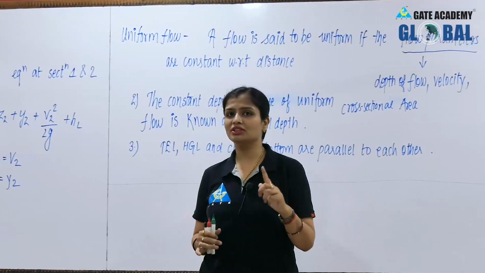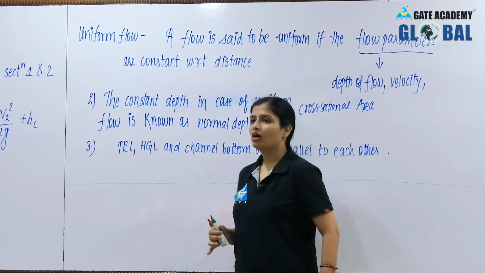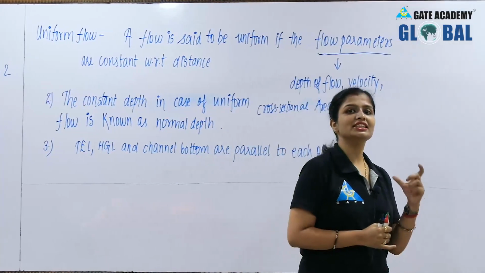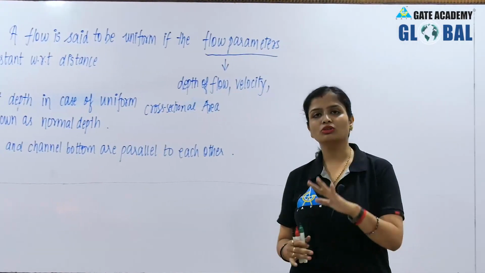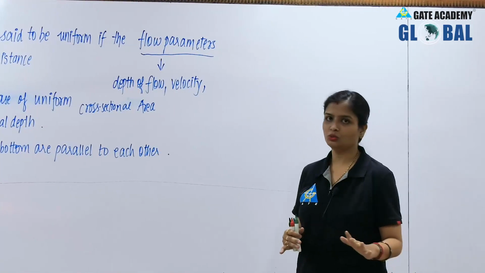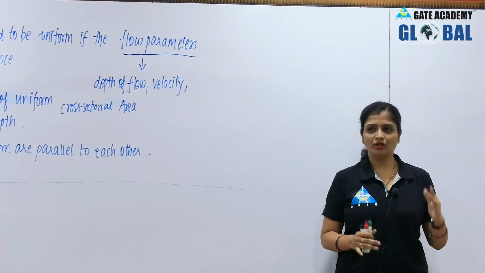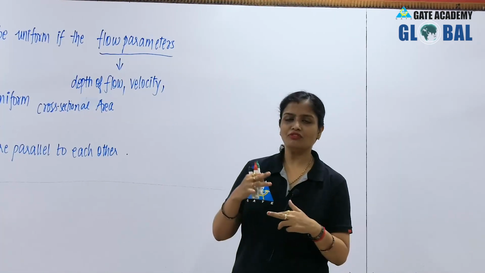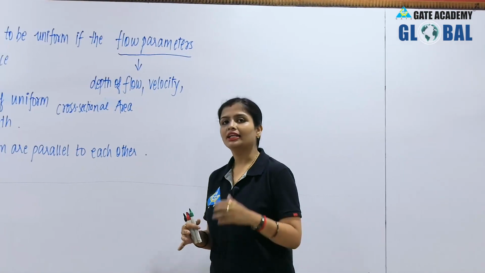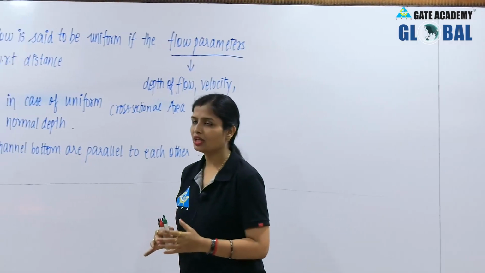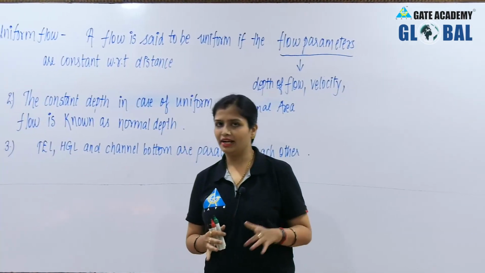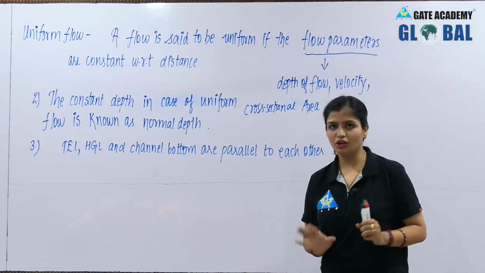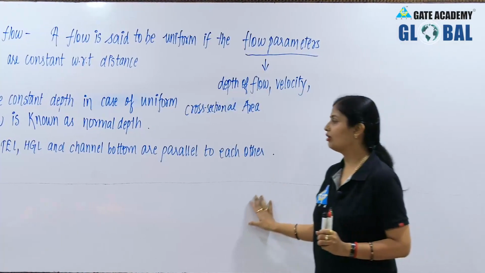All those students who have already studied Chezy's equation, and those who haven't come across this word, don't worry, because I'll derive Chezy's equation for you. But this derivation is not asked in your examination, I'll tell you in advance.